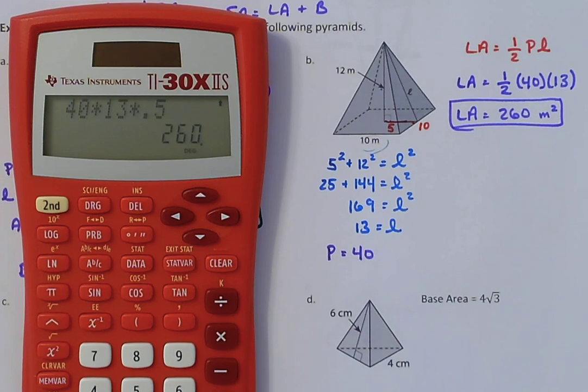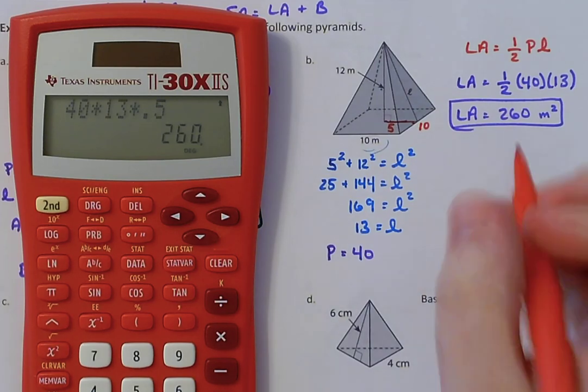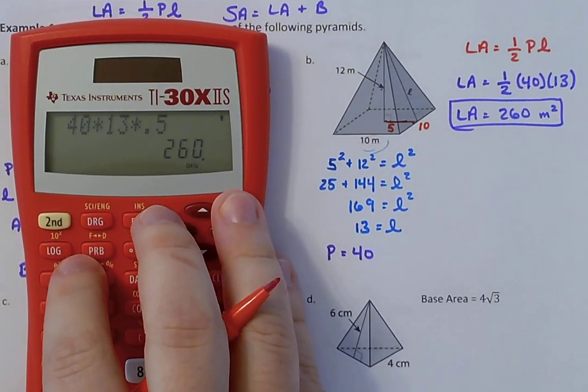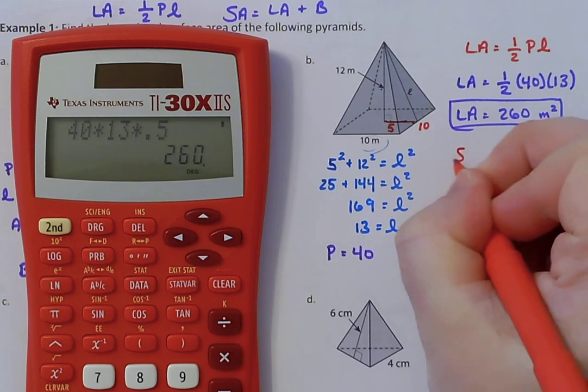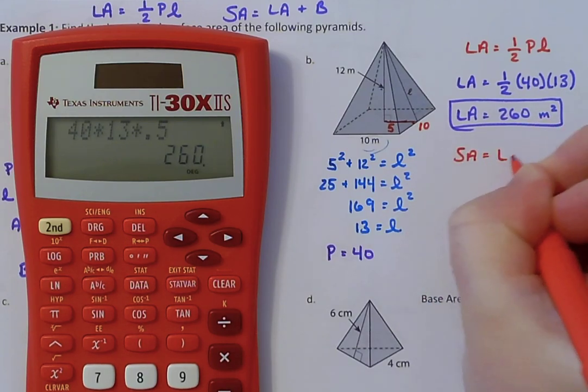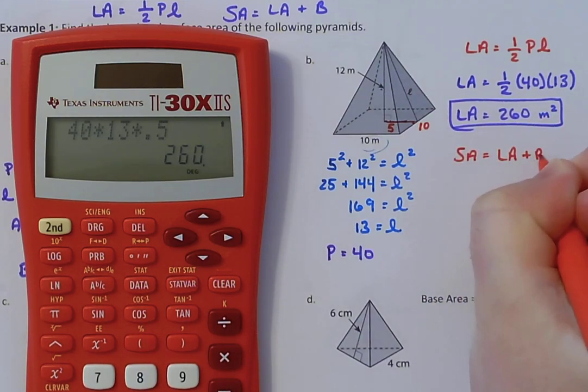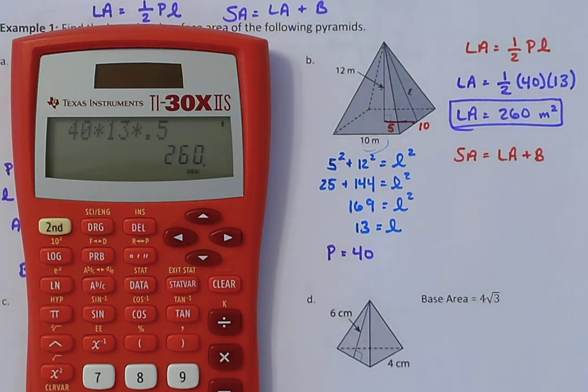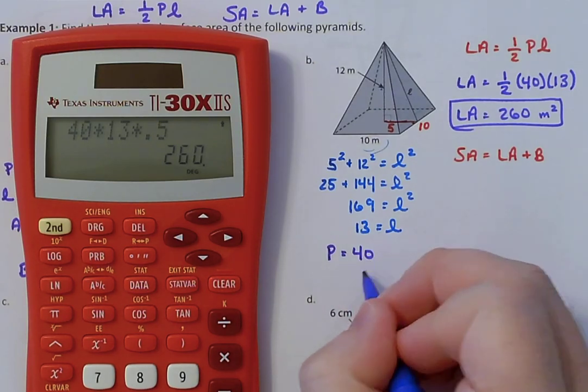All right, so we now know our lateral area. The next thing we need to figure out is our surface area. Surface area, remember, is the lateral area plus the area of the base. Now, we need to figure out the area of the base before we proceed.